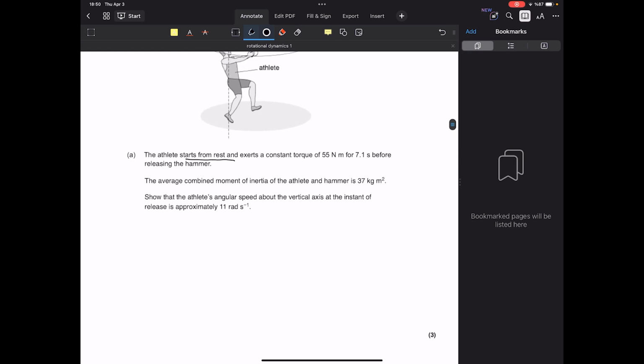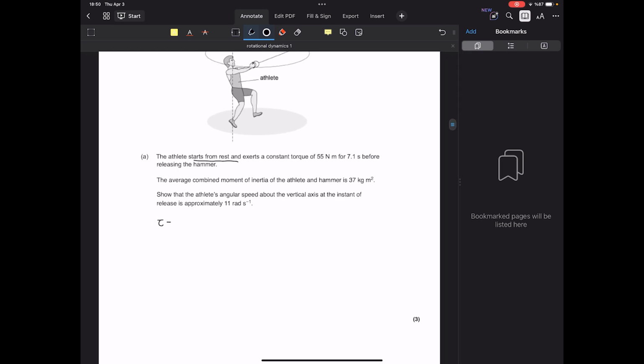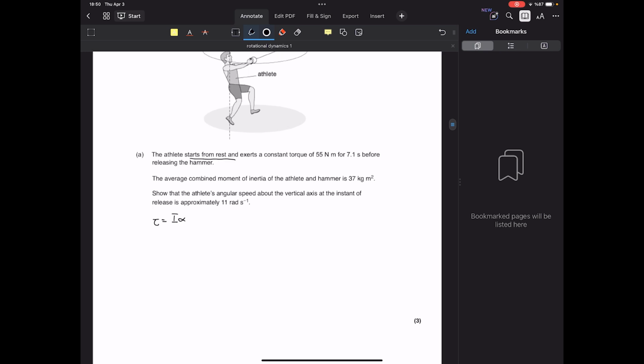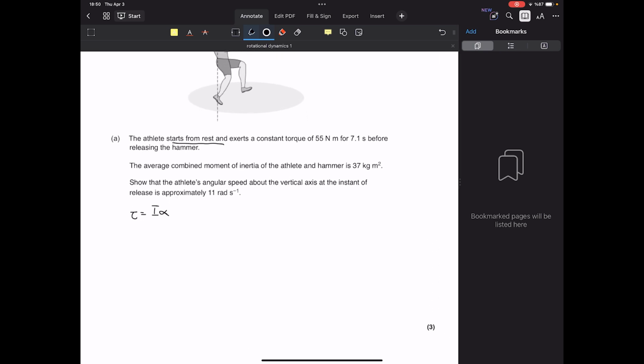Okay, so we know that torque is equal to I alpha. And from that, we can find the angular acceleration. And then, if you know the angular acceleration, omega is going to be the initial omega plus alpha times t. And we know the initial omega is 0, so we can just write that.